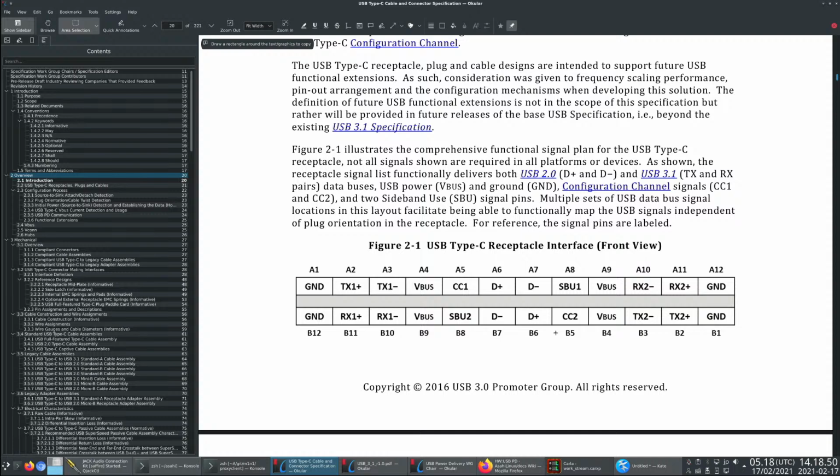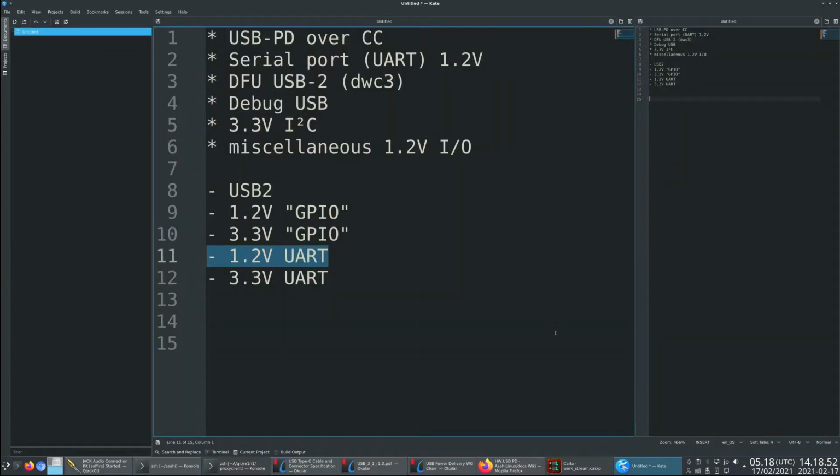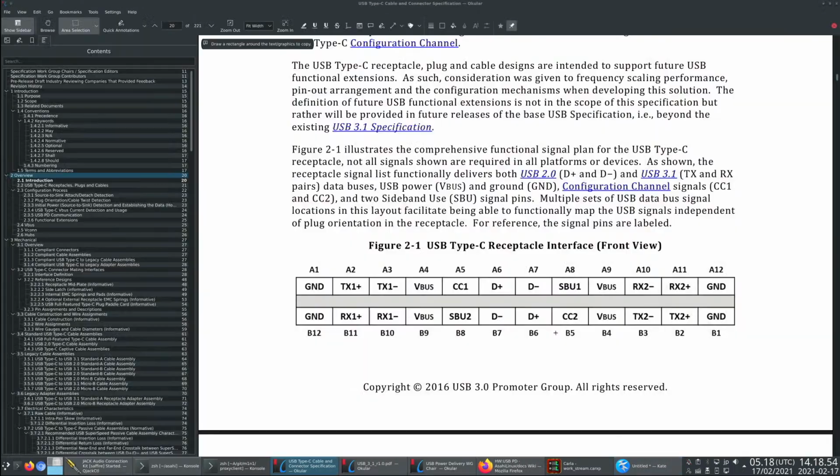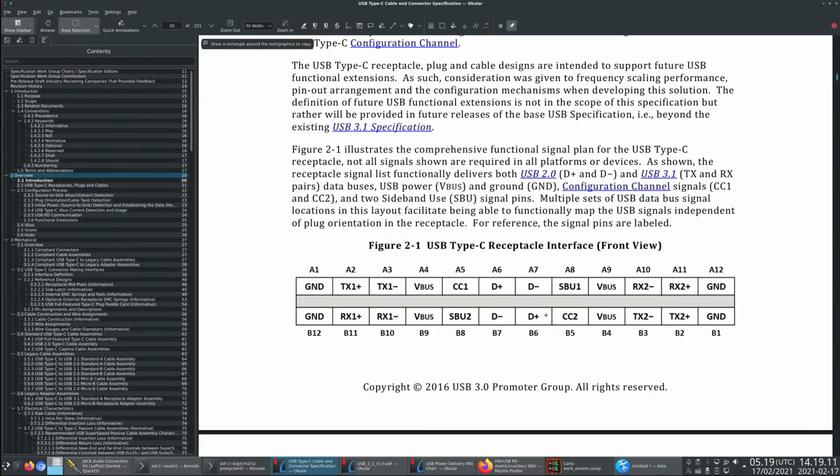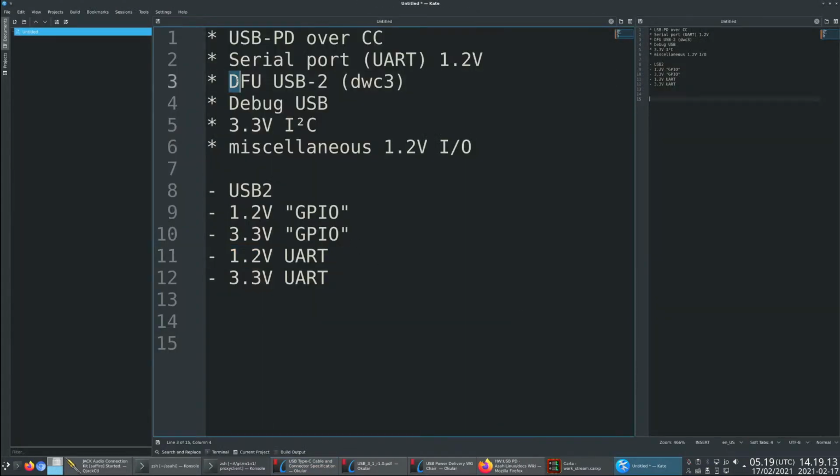For people who want to use those two debug modes at the same time for some reason, they can go get the cable. And I'm going to see if I can find some manufacturer in China that will make these cheaper for us. But for basic functionality, with a standard USB-C cable, you would get one USB mode and one sideband mode, which means you would get, say, DFU USB and serial, which is good enough.